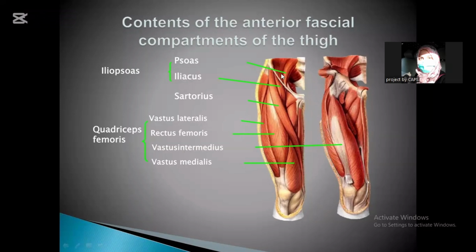Over here, this is iliacus and this is psoas. Both are known as the iliopsoas muscle. You will have a lot of encounters with these two muscles whenever you will be performing a block on the upper part of the anterior thigh.